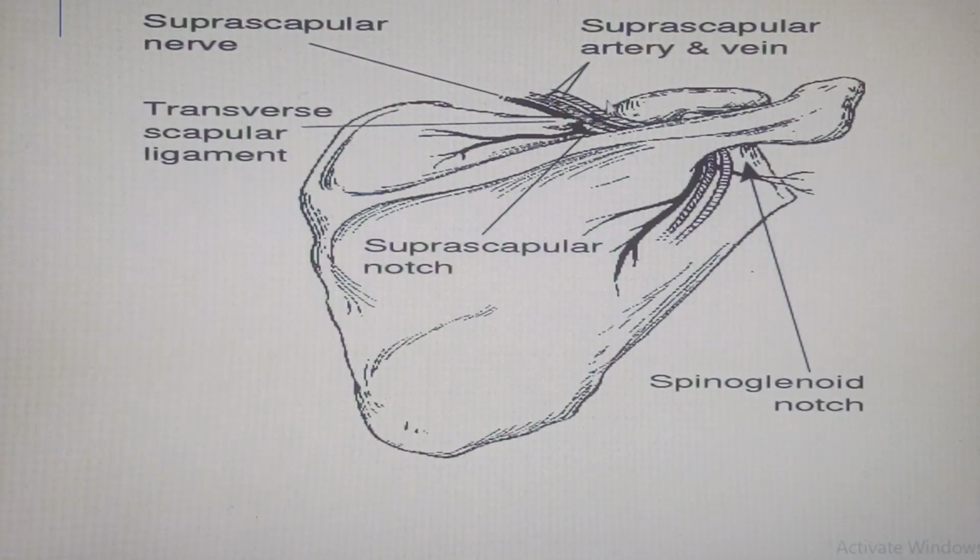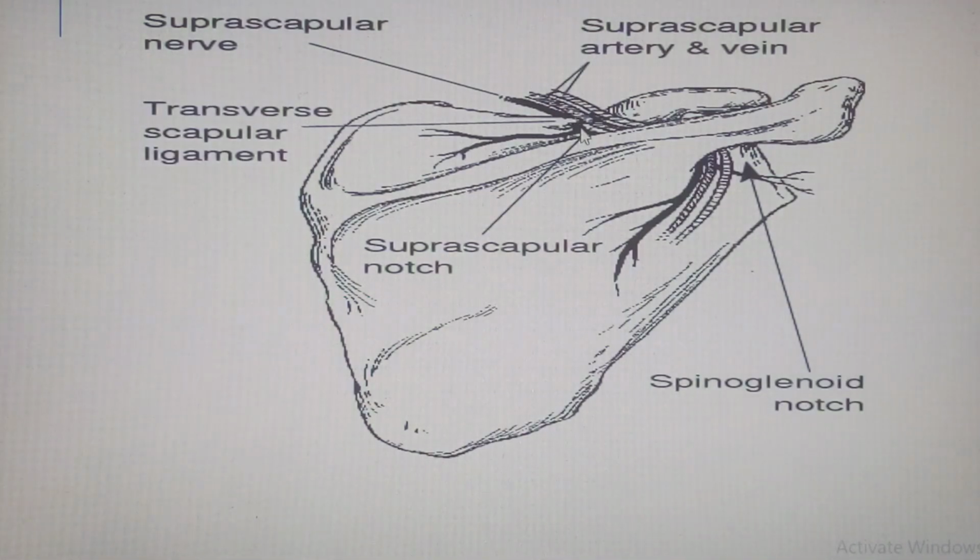Now at the superior border, there's a notch, and this is the coracoid process of the scapula. So there's a notch over there known as the suprascapular notch, and this notch is formed when the transverse scapular ligament spans from the superior border up to the coracoid process. There will be a small opening over there.